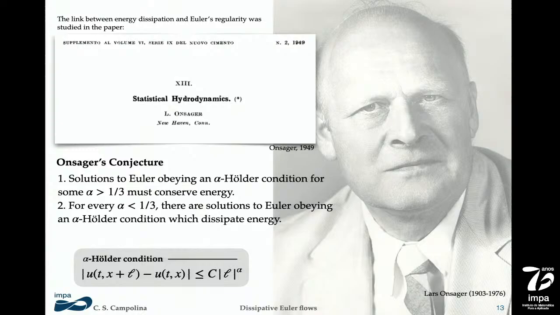I will follow a review of results from the last decades proving these two statements. Just two remarks, actually. Let us remember that 1/3 is a very special number for turbulence.